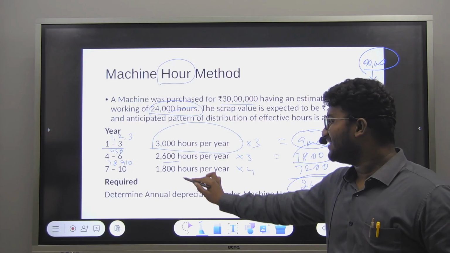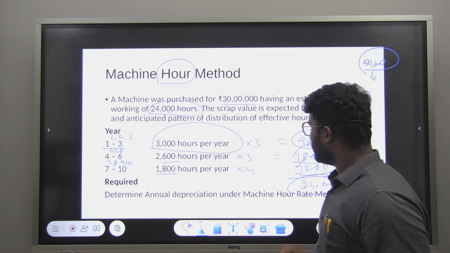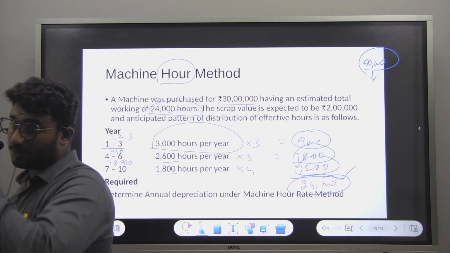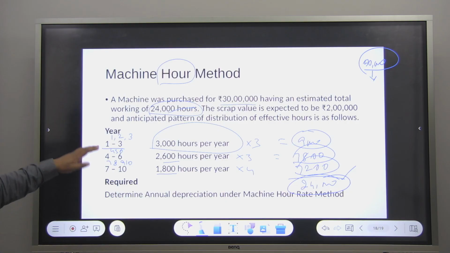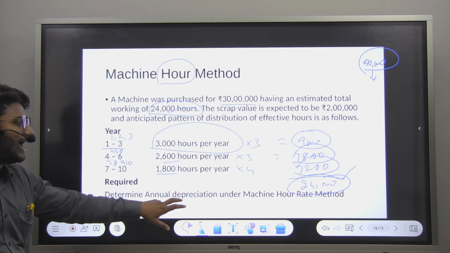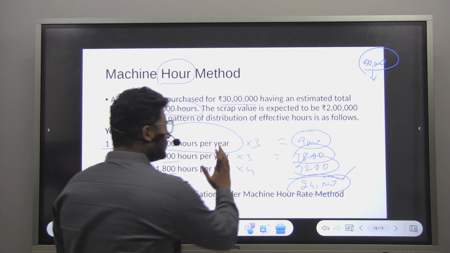Next 4 years 1,800 hours per year, total 7,200. The total life of the machinery is 24,000. Now what you have to do is determine the annual depreciation under the machine hour rate method. It is very simple.